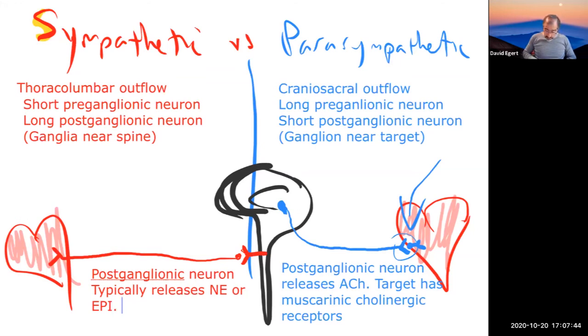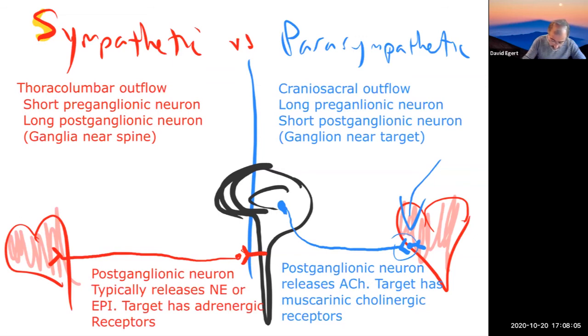The target has adrenergic receptors. And there's a variety of different kinds of adrenergic receptors I was talking about.